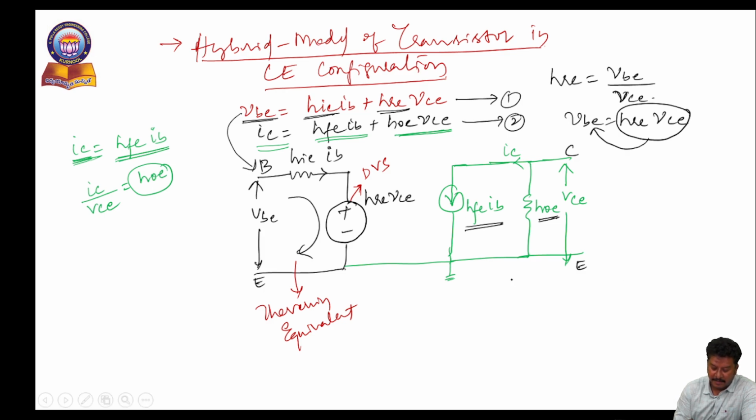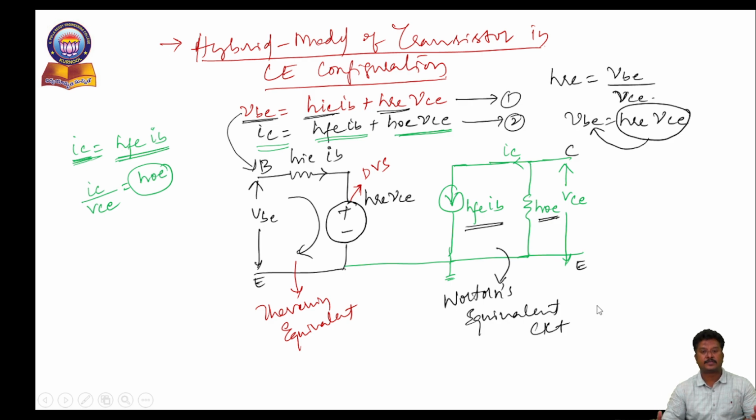This I am considering as equivalent to a Norton's equivalent circuit, where however many current sources there are, we combine them as a single current source, and whatever resistors there are, we combine them into a single resistance connected in parallel with that current source, which becomes Norton's equivalent. Anyway, indirectly I am trying to frame the model with respect to the dependent voltage source and dependent current source with respect to linear elements.